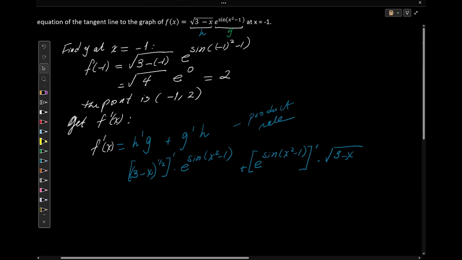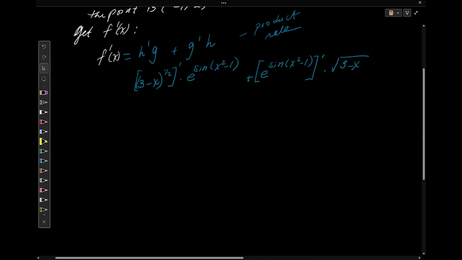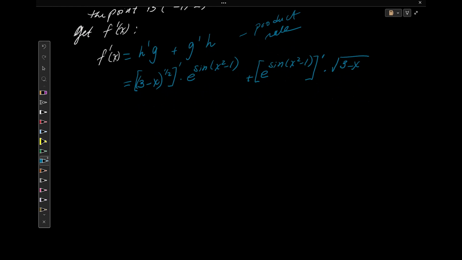All right, so now let's concern ourselves with the actual derivatives, not applying a certain rule. Although we may still have to apply other rules as we go down, basically into the rabbit hole of chain rule. So here, what do we have? Again, first thing we see, not 3 minus x to a power.